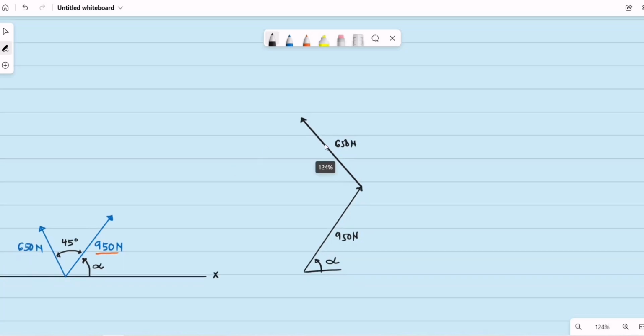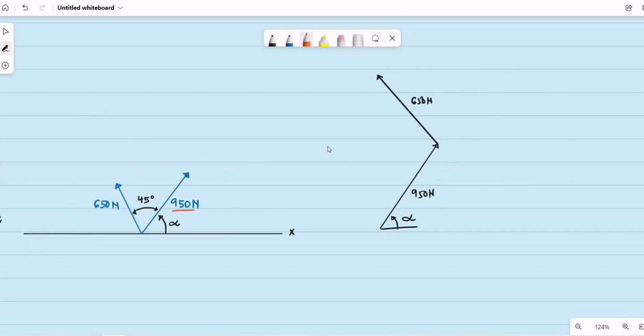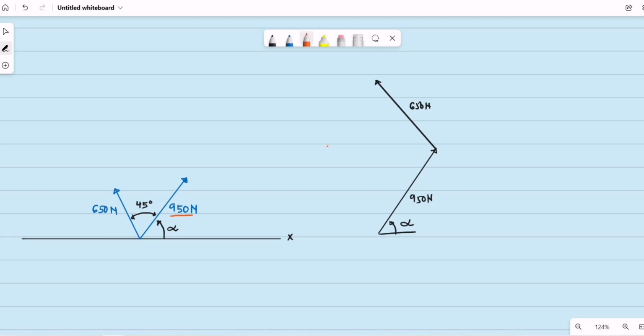And then according to this problem, we are looking for the value of the angle alpha so that the resultant will be vertical. So let us just draw a vertical line that will close our triangle. So again, this will be our resultant, and it is assumed to be vertical.